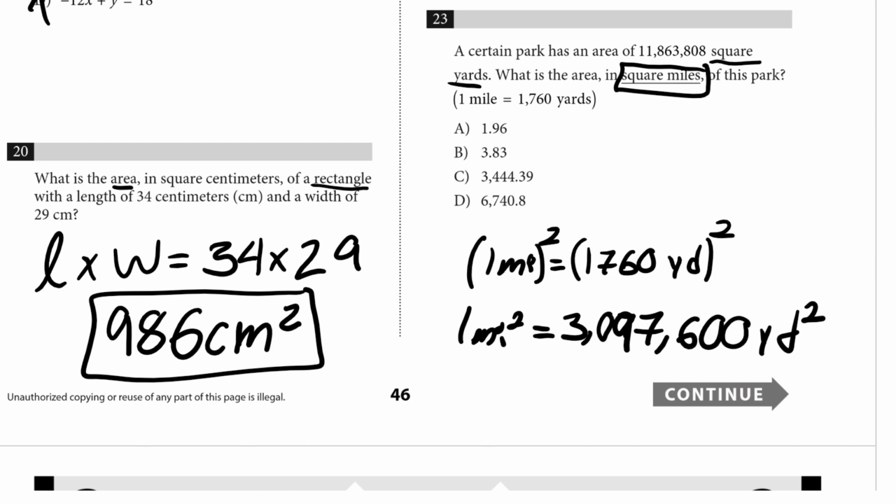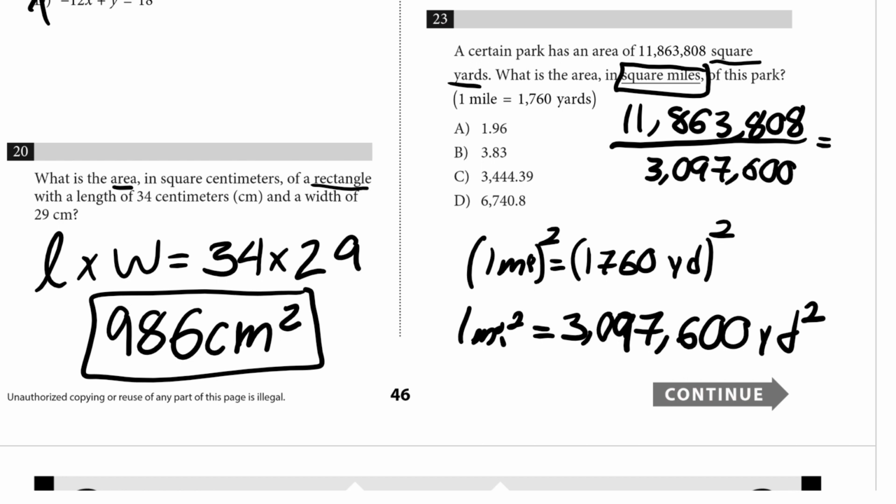Then what we have to do is divide the area that we have, which is 11,863,808, by the conversion from yards squared to miles squared, 3,097,600. And when you divide these two numbers, we get 3.83, which is B.